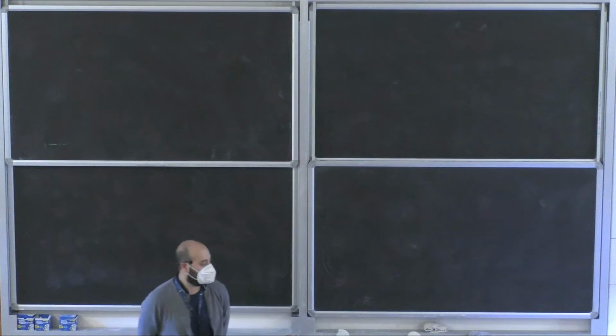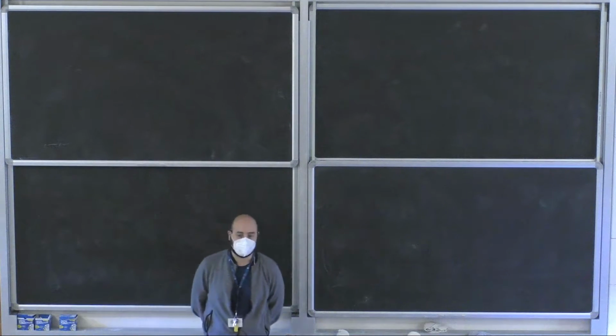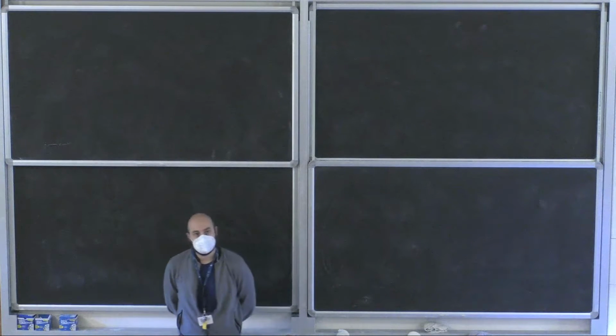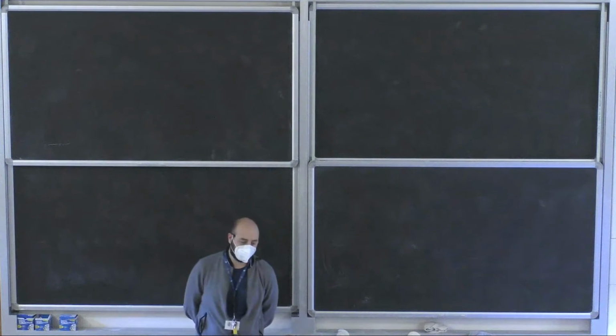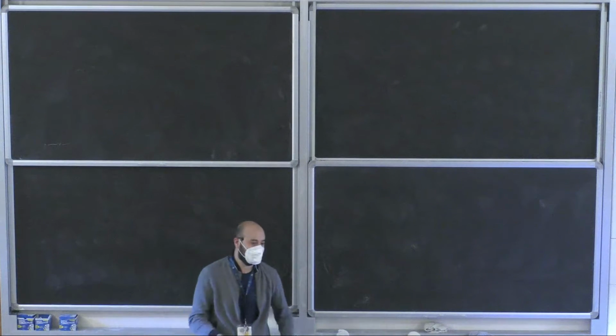today I'm going to talk about multi-messenger aspects. Actually, yesterday in the exercise class, you already saw, in principle, a couple of examples of what people call multi-wavelength analysis and multi-messenger analysis.